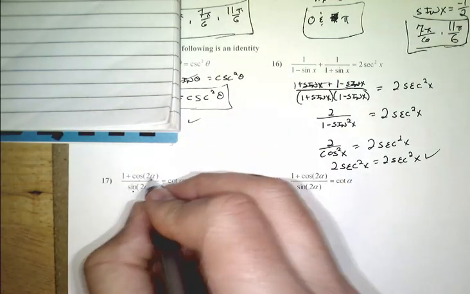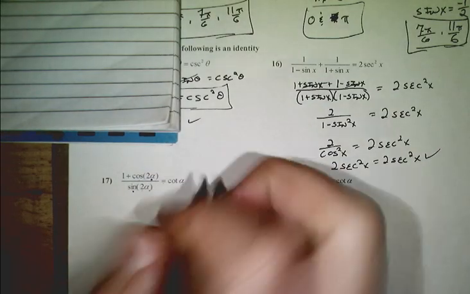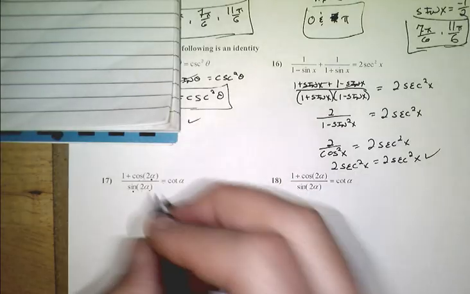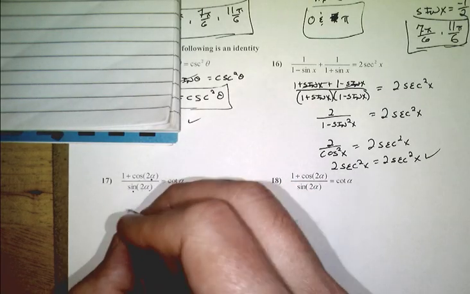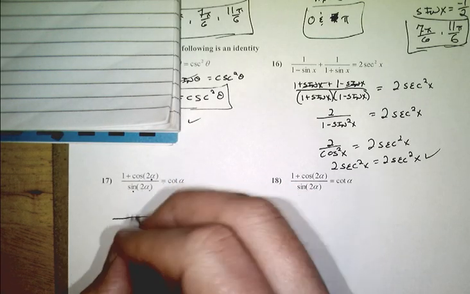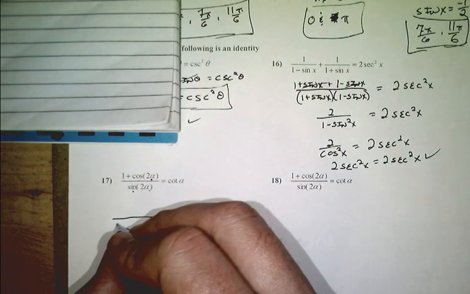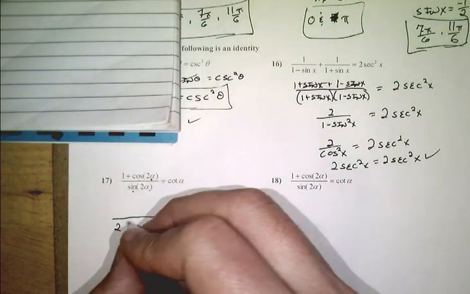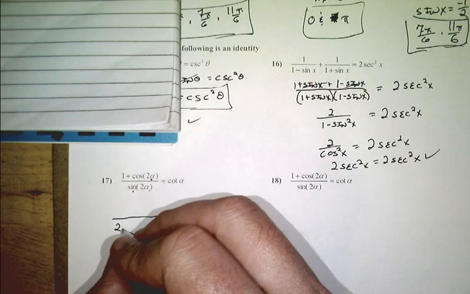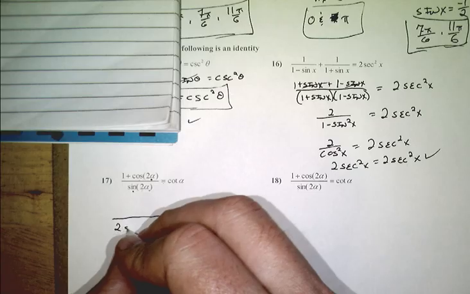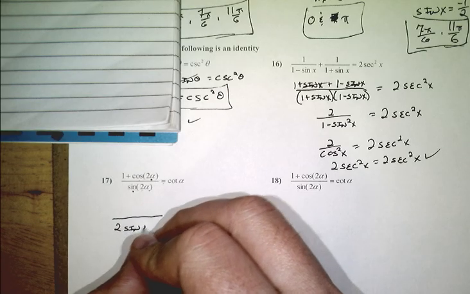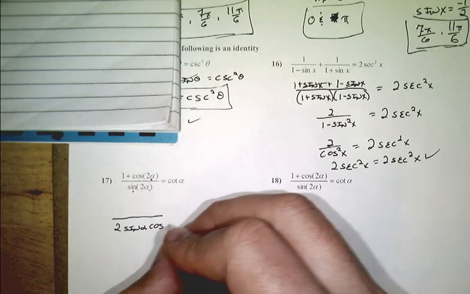Okay, so cosine of 2 alpha, we're going to figure out which one we want to use in a second. I know sine of 2 alpha only has one option that we can really use. So sine of 2 alpha is 2 sine alpha cosine alpha.